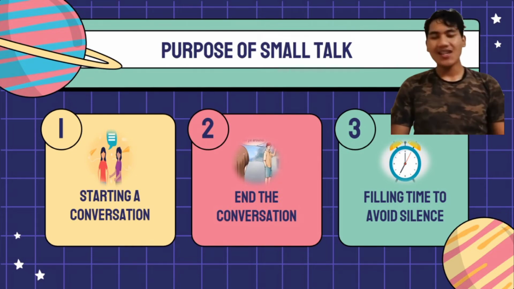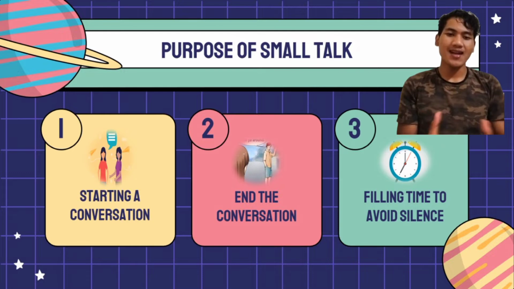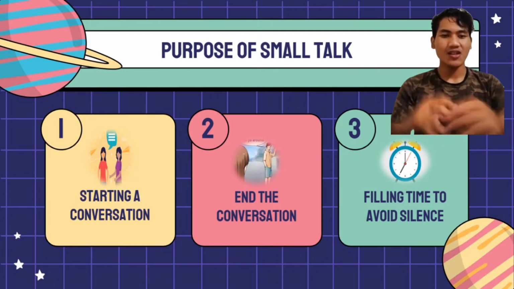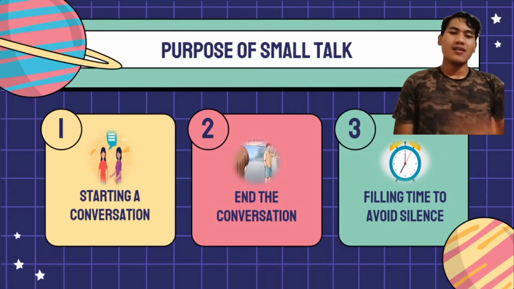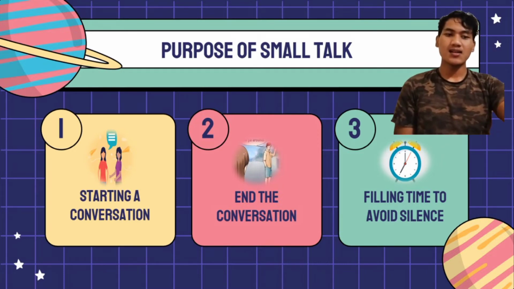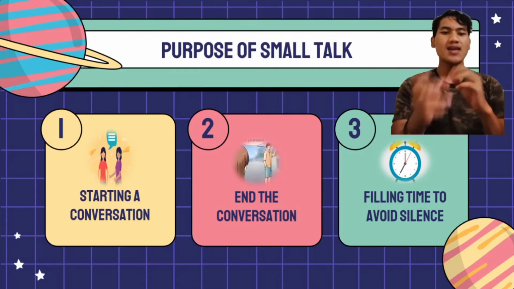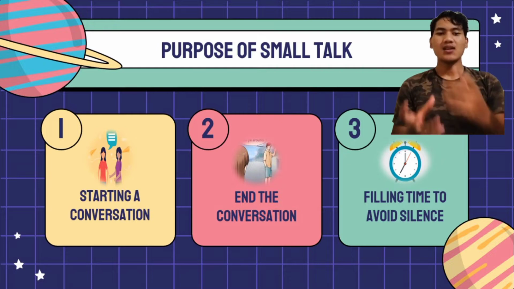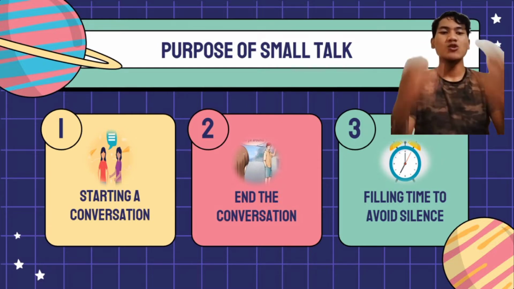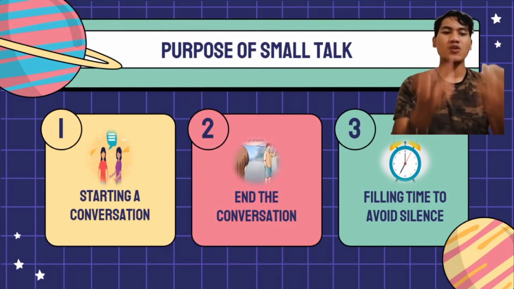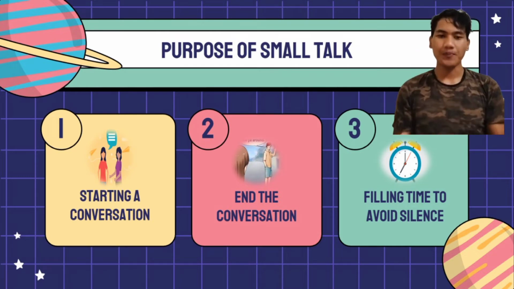Okay, number three, the purpose of small talk is to fill the void so that silence does not occur. Because the feeling that arises when there is silence is a very awkward feeling. So small talk is useful to break the silence so that the atmosphere becomes warm.